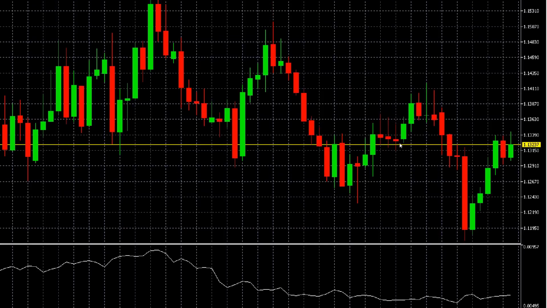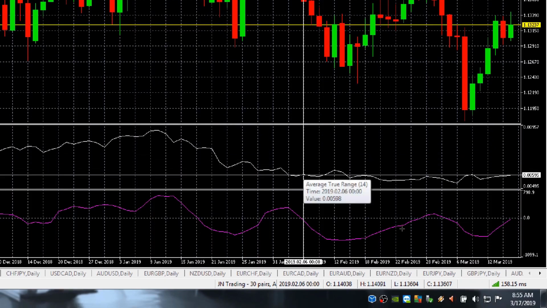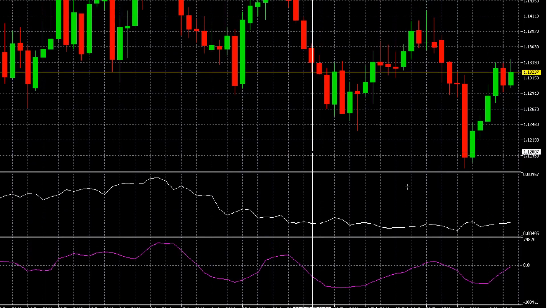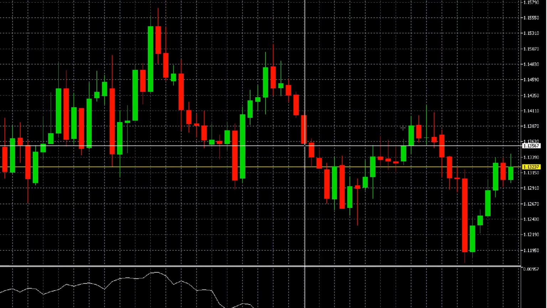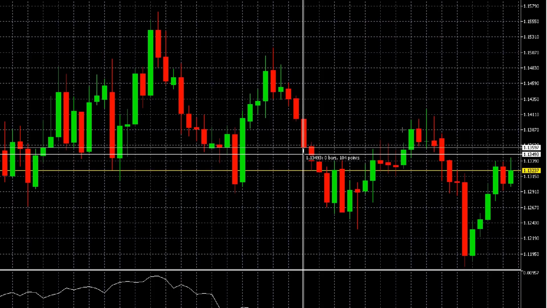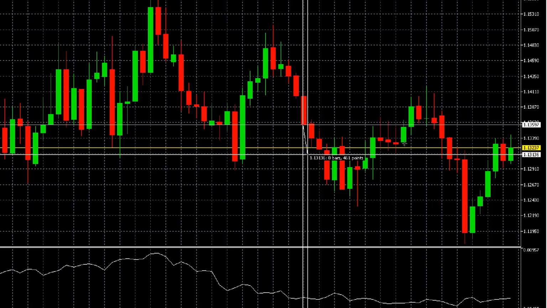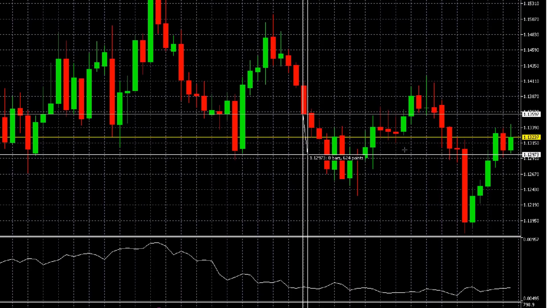Okay, I forgot what the pips was. 59 pips is what we're looking for. All right, so I'm going to do this again. I'll measure this. We want to see 590 points, right? 59 pips times 10 is 590, and that's the points that we're looking for.